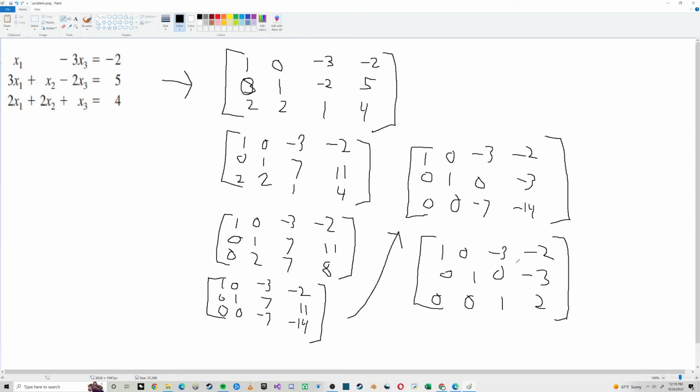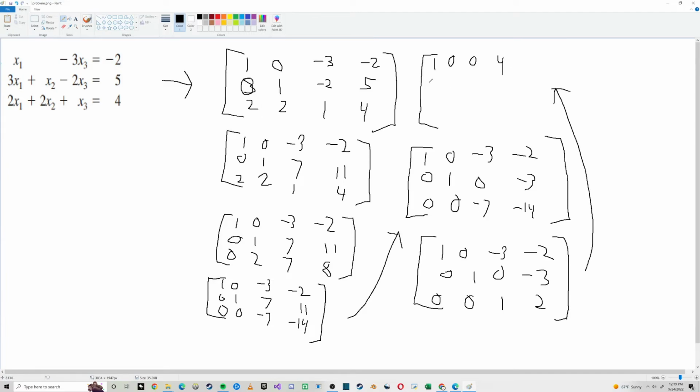Finally, we just need to get rid of this negative 3 up top, so let's add 3 times our bottom row to the top. I'm going to put our final matrix up here. That makes the 3 a 0. So 3 times 2 is 6, add to negative 2 is 4.